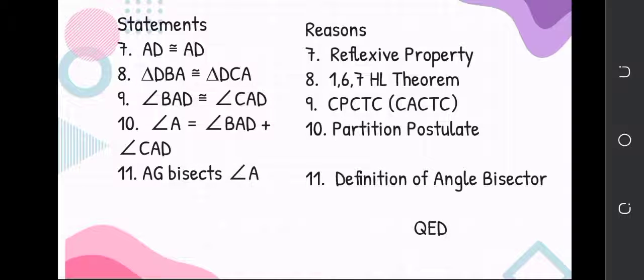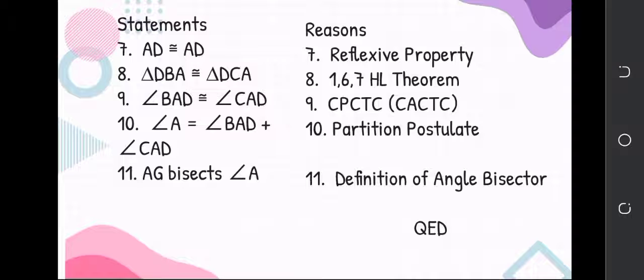Number 7, line segment AD is congruent to line segment AD because of a reflexive property. And now we can conclude that triangle DBA is congruent to triangle DCA. Reason is number 1, 6, and 7, HL theorem.